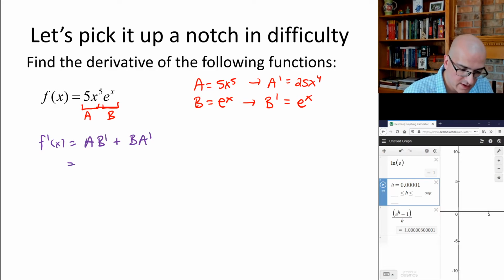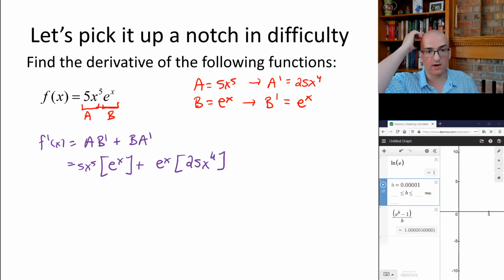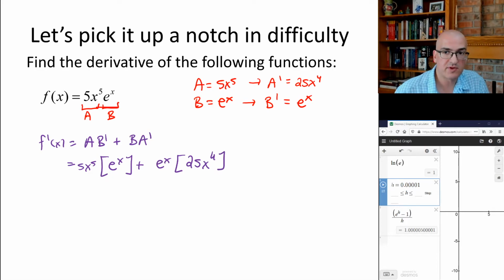So a, 5x to the 5, times b prime, which is e to the x, plus b, which is e to the x, times a prime, which is 25x to the power 4. Sorry, just a typo. It's power 4. I'm going to simplify this by writing the constant up front, then the x to the power after, and then the exponential function last.